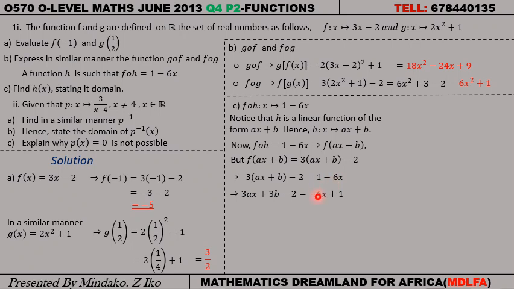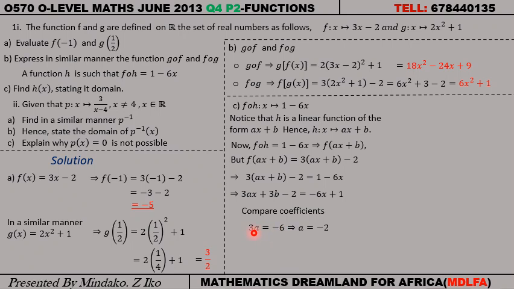Now I can compare coefficients to obtain the values of a and b. The coefficient of x here is 3a, and the coefficient of x there is negative 6. So for the first part, I have 3a equal to negative 6.